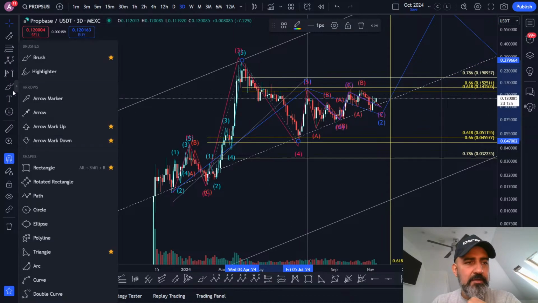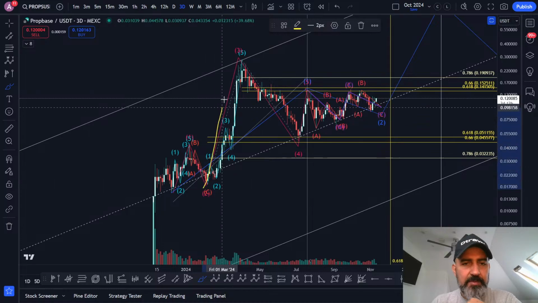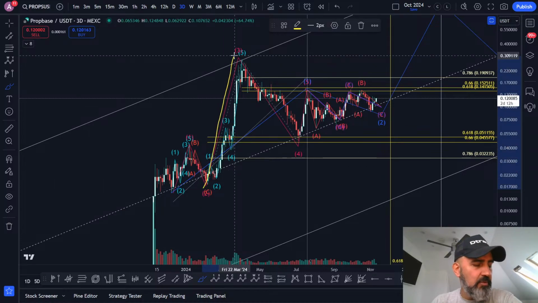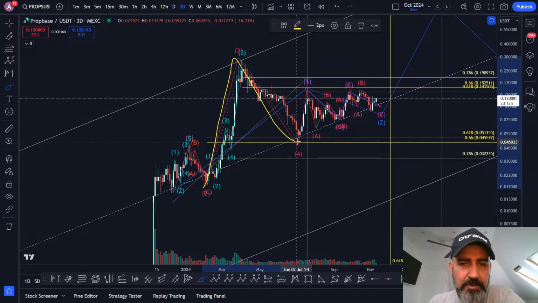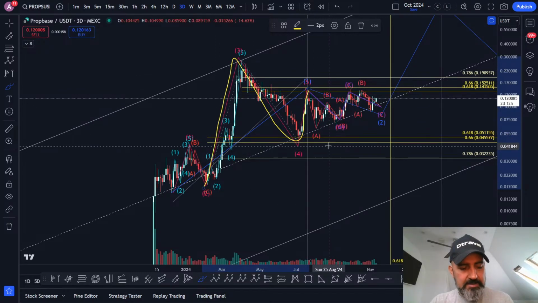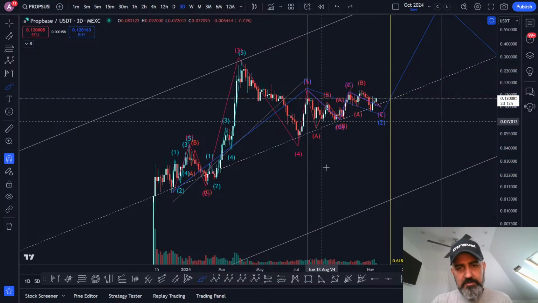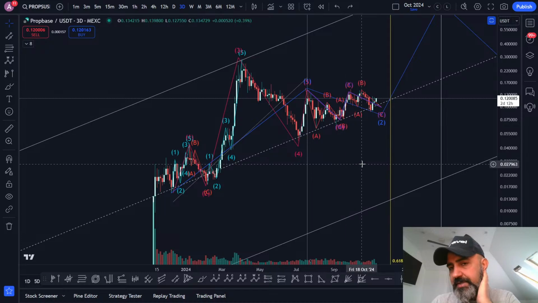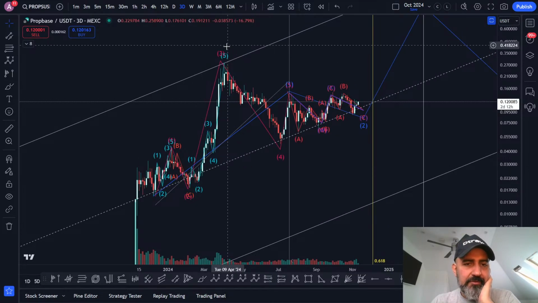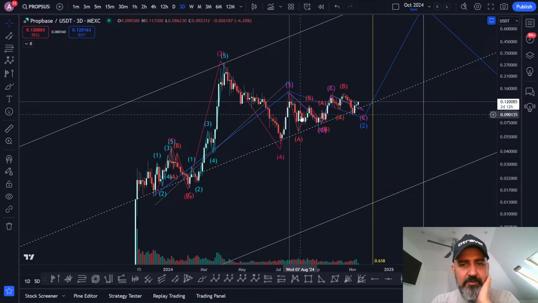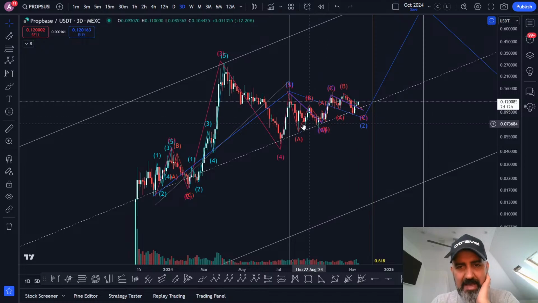See that? So the pullback from here to here was a 2.618, took us all the way back to the golden pocket for another impulsive move, and that completed this wave. So there is respect here for the 618, and this was quite an expansive move, and now we're in some kind of flat correction after we've expanded.